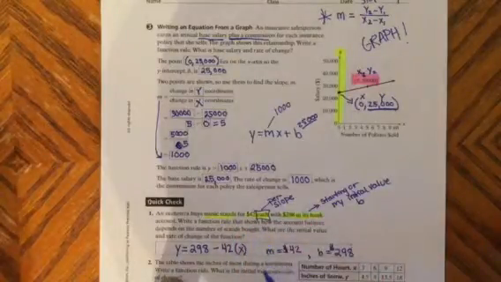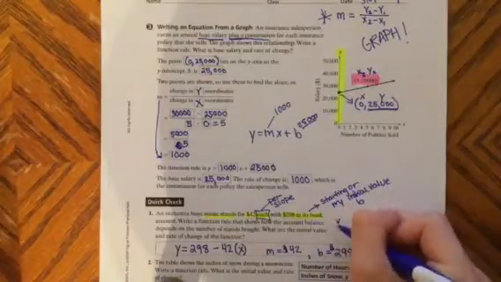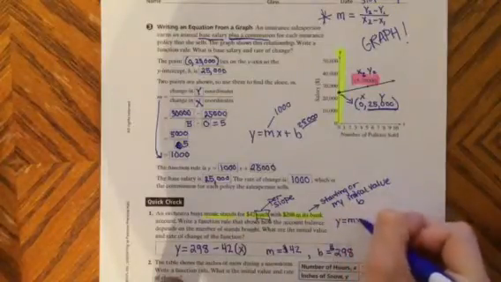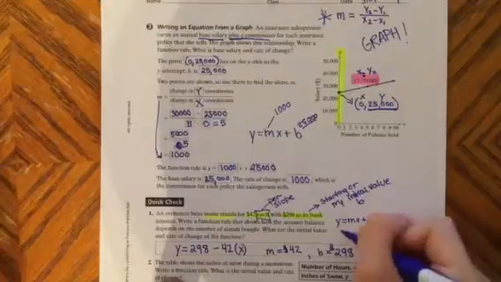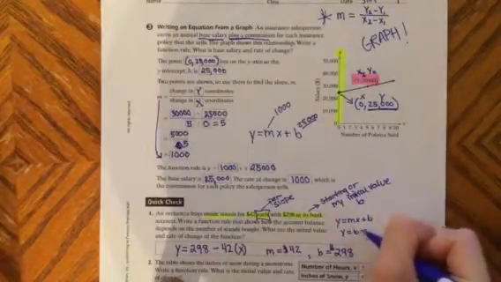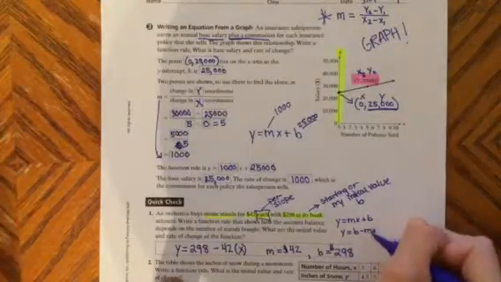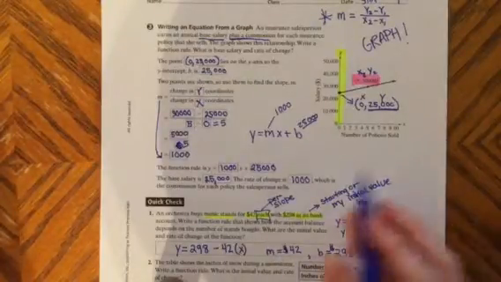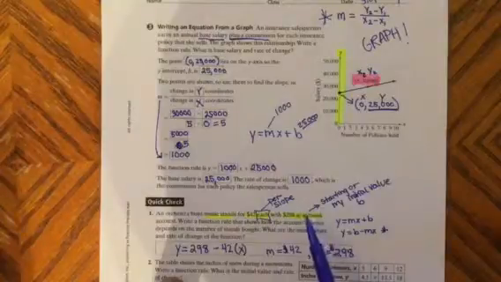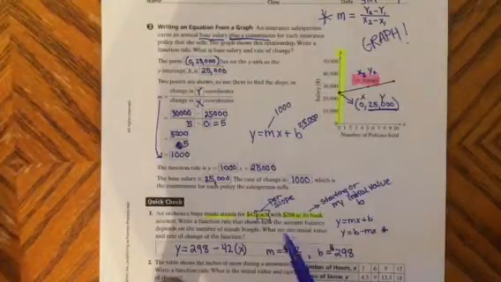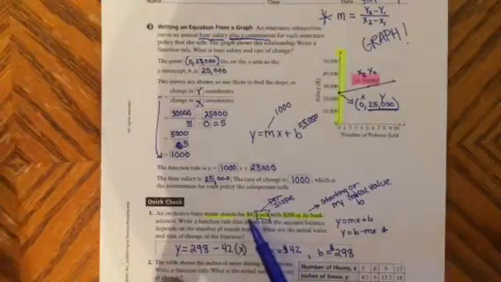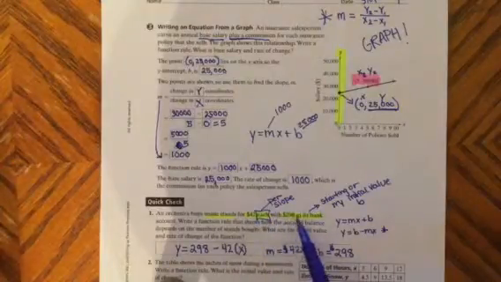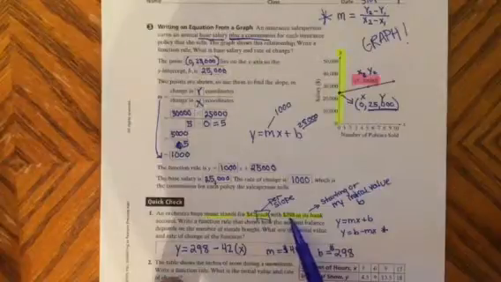I wrote it in this order, even though we're used to seeing it as Y equals MX plus B, we can also see it as Y equals B minus MX. Okay? I wrote it in this form because our initial value is something we're subtracting from, not adding on to. Because in this case, with each music stand I buy, I'm going to subtract $42 from this amount.